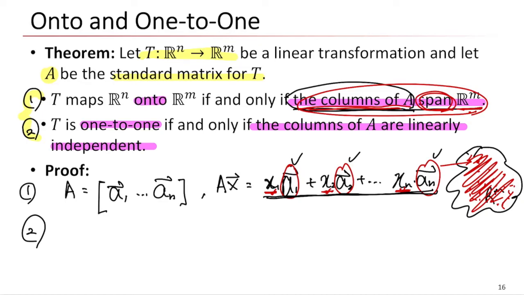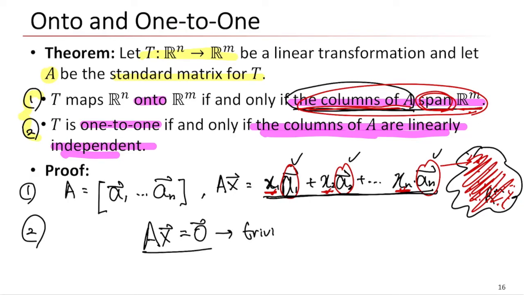So if we go back to here, the columns of A are linearly independent when Ax equals 0, this homogeneous system, has only the trivial solution, when x is equal to 0, right?